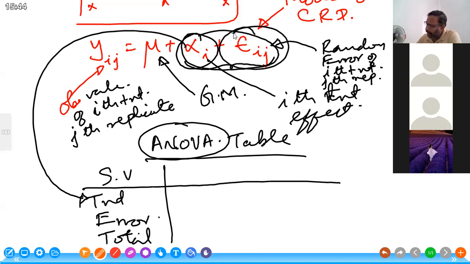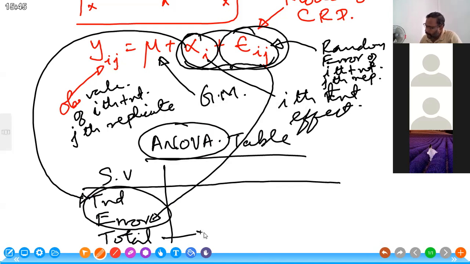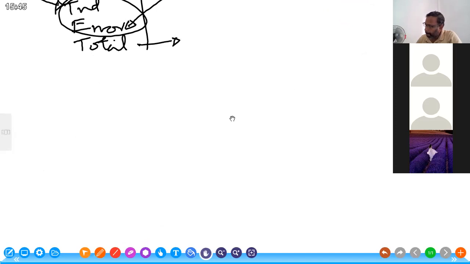This is due to the error component, that is already there. So by looking at the model, we will be able to see how many components are coming in the ANOVA. Then total is actually the addition of treatment and error. So you have already seen that.